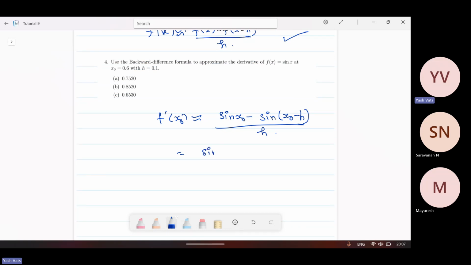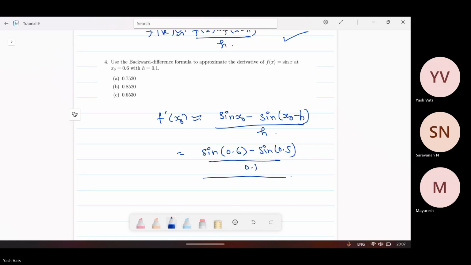What you get is sin 0.6 minus sin 0.5 by 0.1. That is the approximation. It's easy. Okay, it is 0.852, correct.